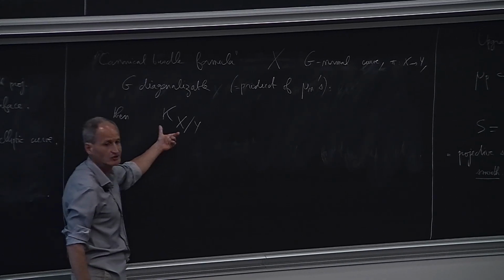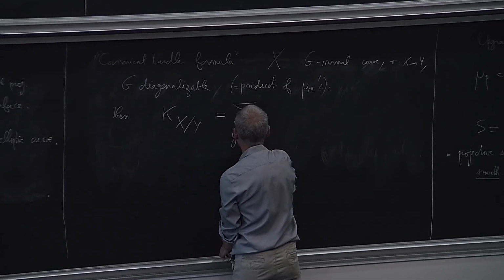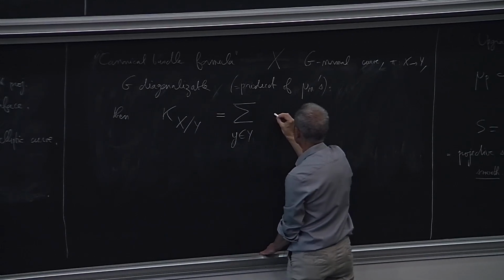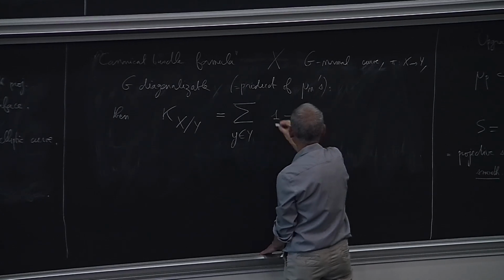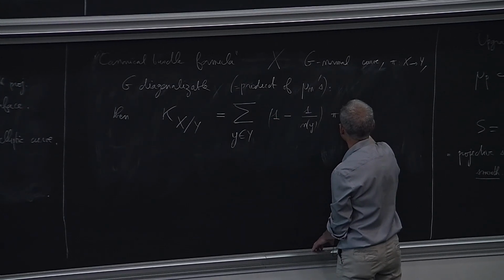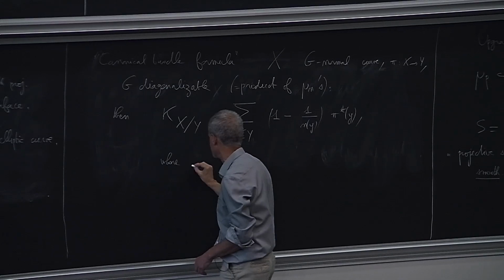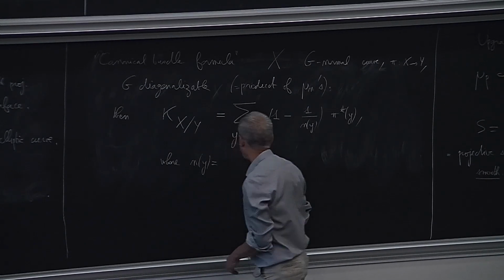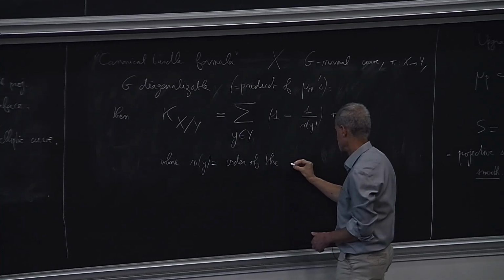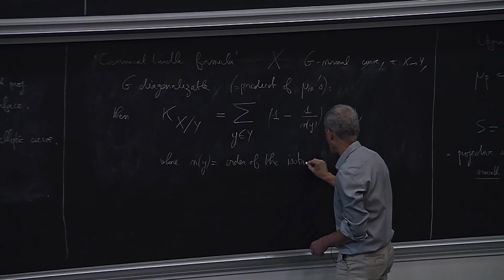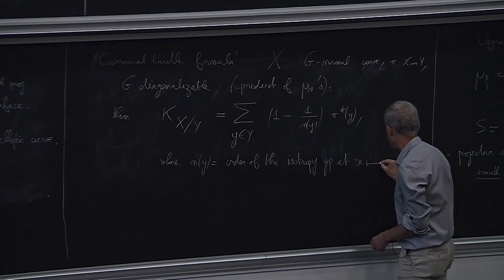So this would be the relative canonical bundle, and this should be over the points of Y of something like 1 minus 1 over n_y. I have to define n_y: it is the order of the isotropy group at x above y.